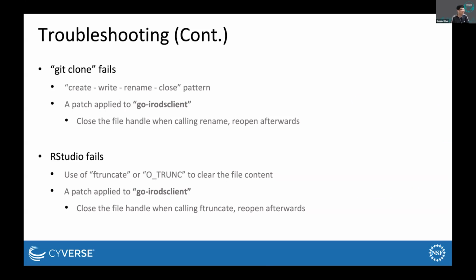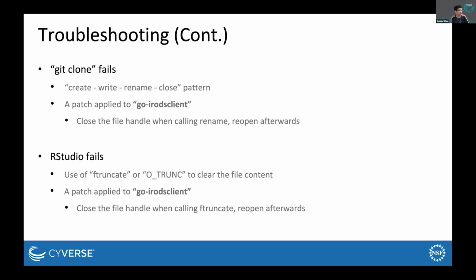There were also file system compatibility issues. For example, Git clone failed due to file renaming. The Linux file system allows renaming open files. However, this is not supported in iRODS, so this caused the failure. We applied a patch to Go iRODS client, which is a base iRODS library, and that library is used by iRODS Fuse Lite.